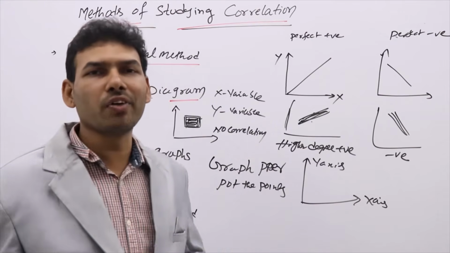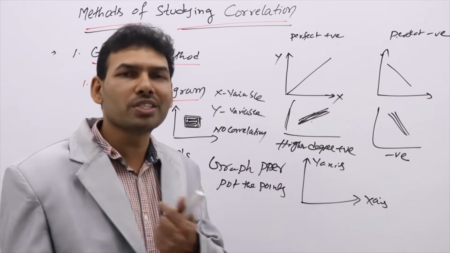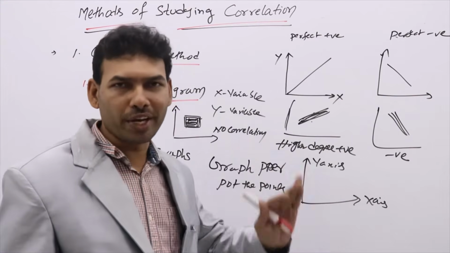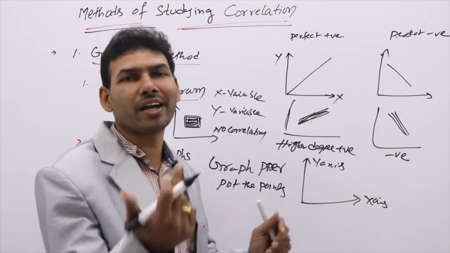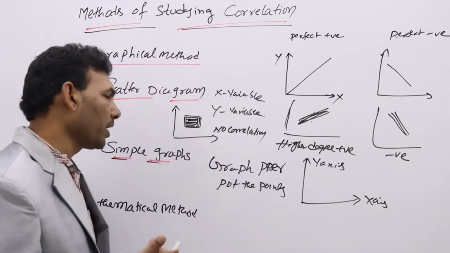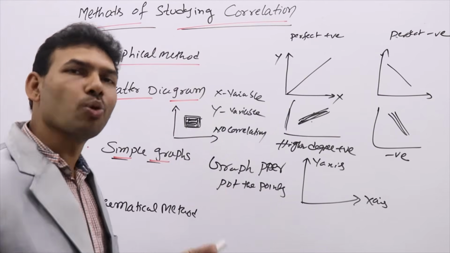You generally do this in your labs. While doing some experiment, you will draw the graph between two variables and find out how they are related. Knowingly or unknowingly, we do that on graph paper in so many labs.